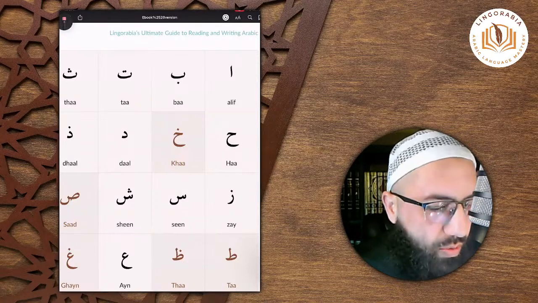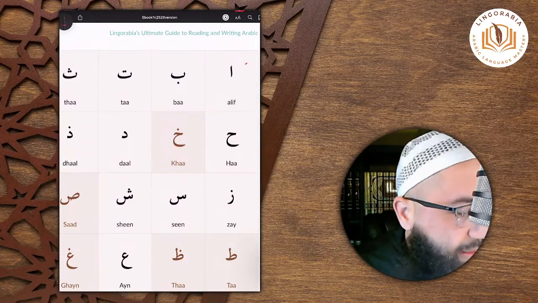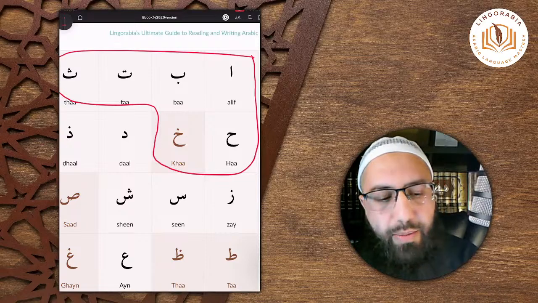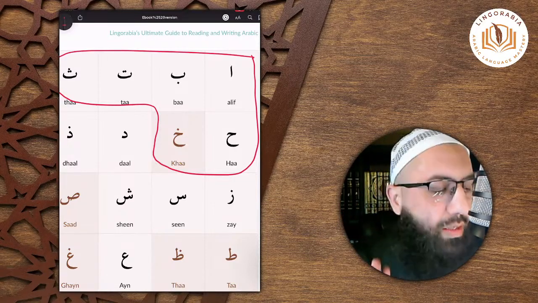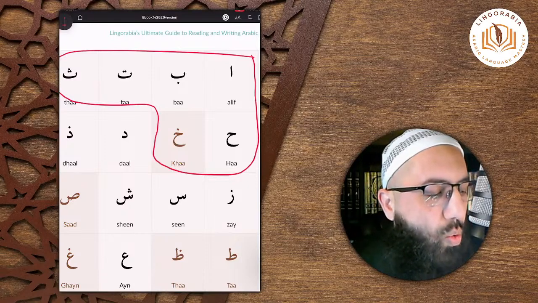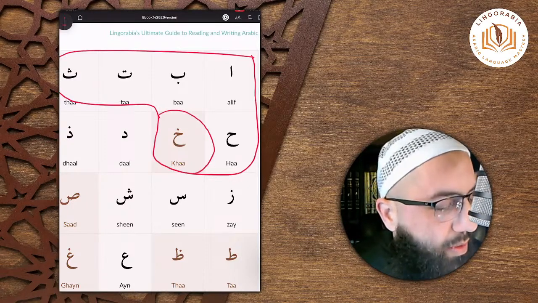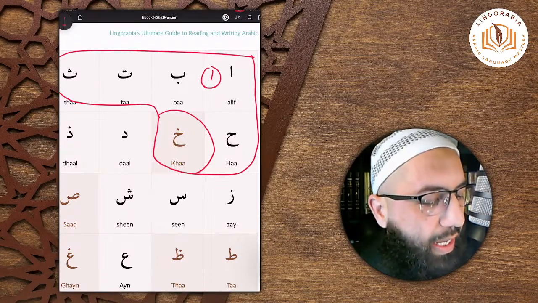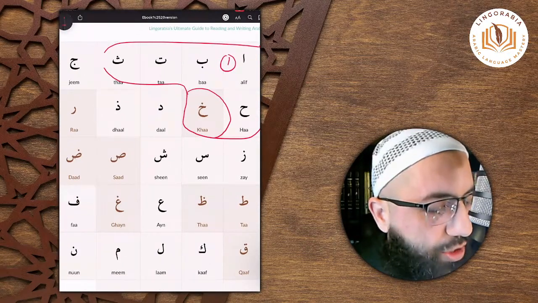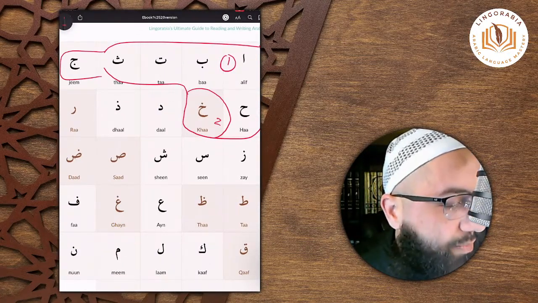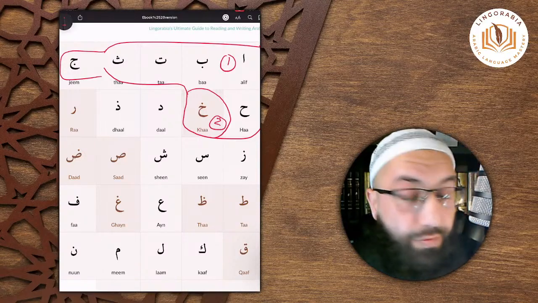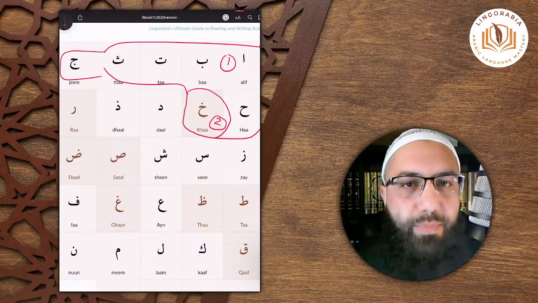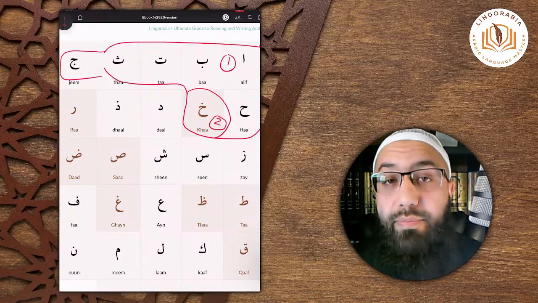Now my question to you guys is, we discussed these letters, and I want you to answer the following question: what is the difference between this group of letters, alif, ba, ta, tha, jim, and ha, and the kha?